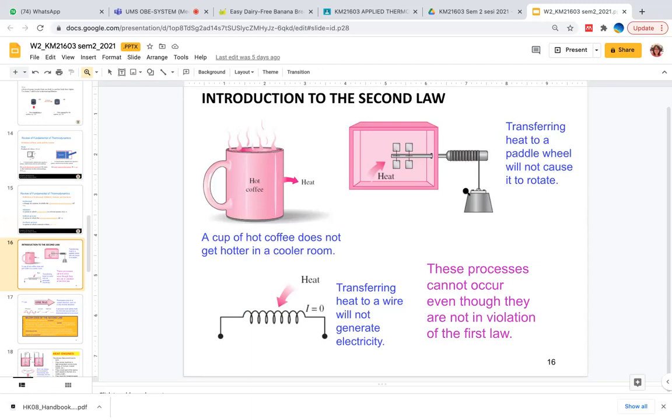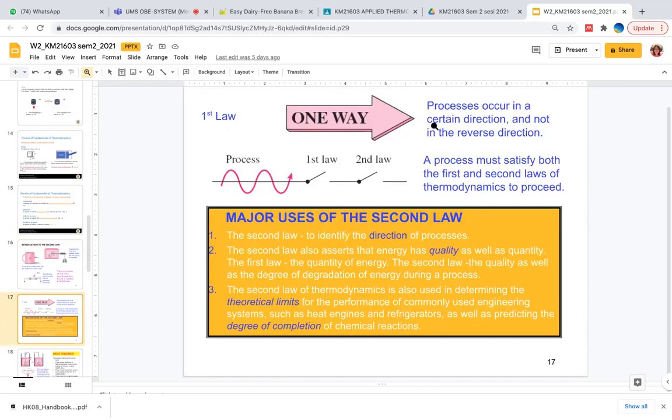You see, the first law doesn't have the direction. Some of the processes occur in a certain direction. You can't reverse the direction. So a process must satisfy the first law and second law to proceed. All right.